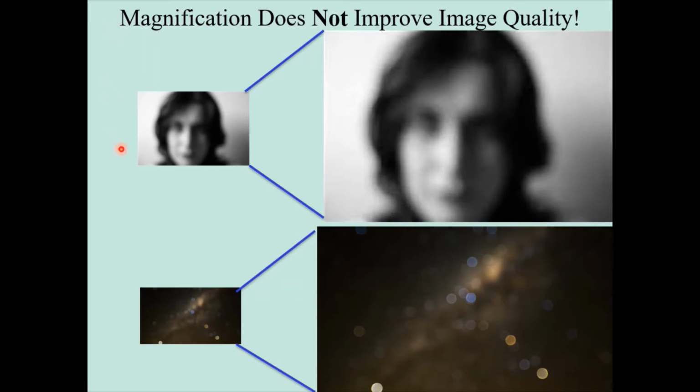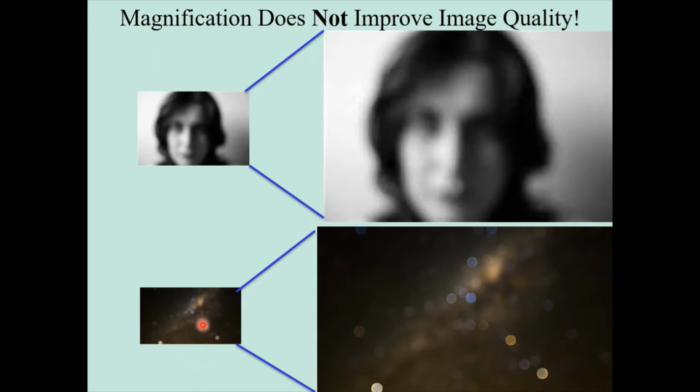So suppose you have a blurry picture of a friend. What happens if you try to zoom in or blow up this picture? Does it look better? Of course not. It actually looks worse with higher magnification because the image that we started with was poor quality. Here is a poor quality astro image or astrophoto of some stars.